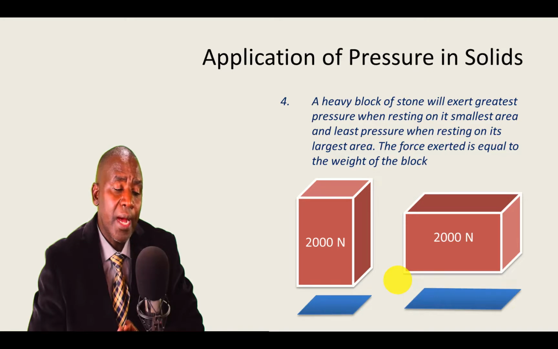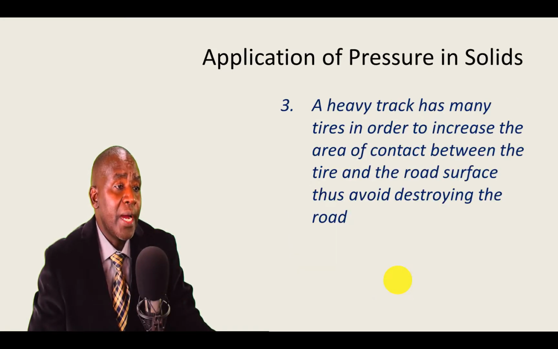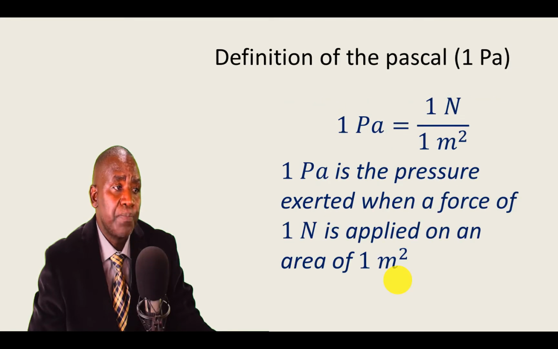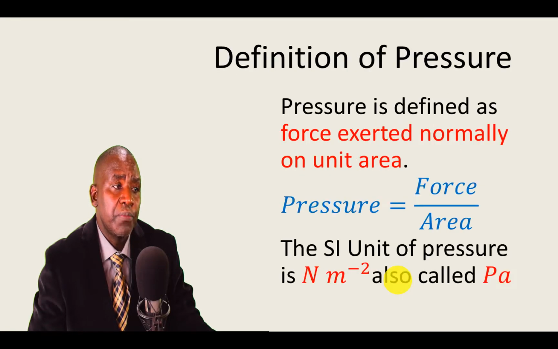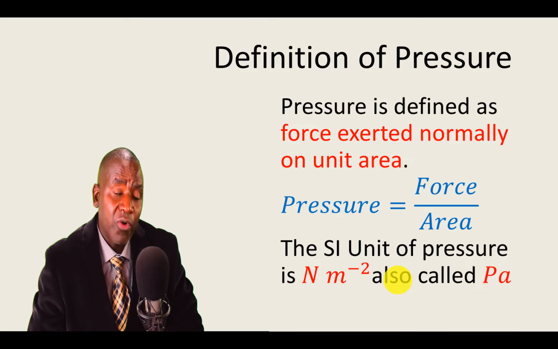Another point I ought to have mentioned when I talked about the definition of pressure here are the units of area. When we say that the area must be in meters squared, sometimes you're given area in centimeters squared or millimeters squared.